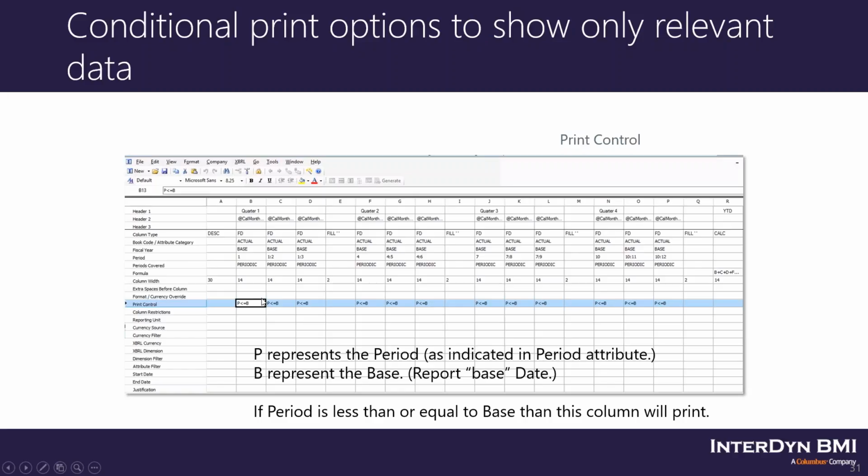So if you run this for period 4, you know, these things would display versus they wouldn't display. So if the period is less than or equal to the base, the column will actually print. So you can use this to your advantage to get certain columns to print and not print depending on the report date.